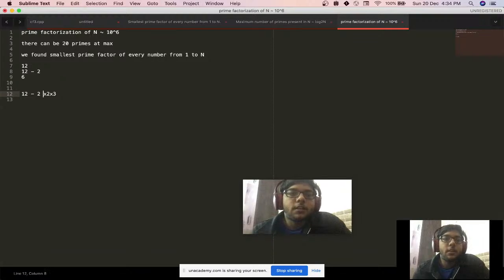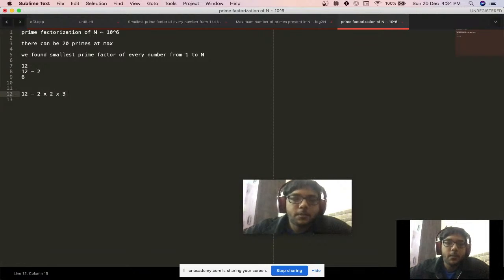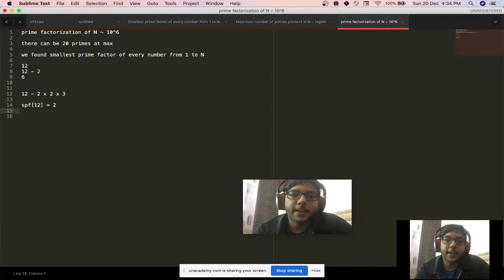So every time I find the smallest prime divisor and I extract it out, then from the remaining number I again find the smallest prime and extract it out. This way, until I reach 1, I would have extracted all of the primes the number had. So SPF of 12 is 2, and I am going to extract it out.